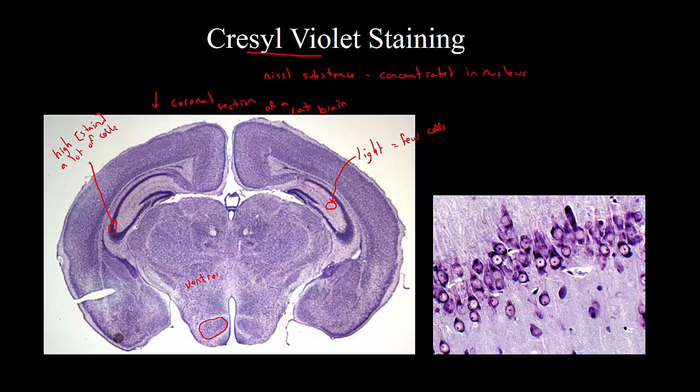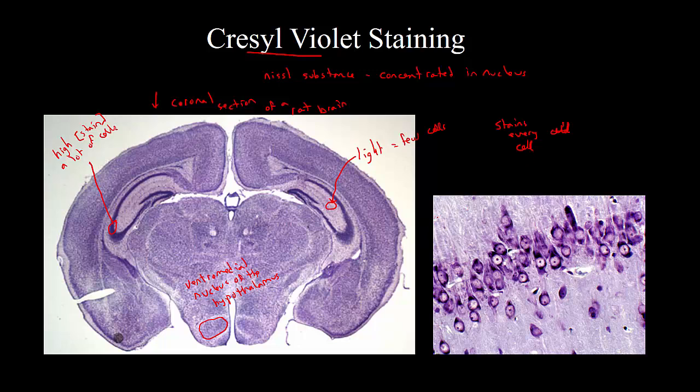This is actually the ventromedial nucleus of the hypothalamus. The important point to note, though, is that you can see this cluster of cells compared to the area around it. Okay, so Cresyl Violet stains every cell. So this is going to be good for cell counts.